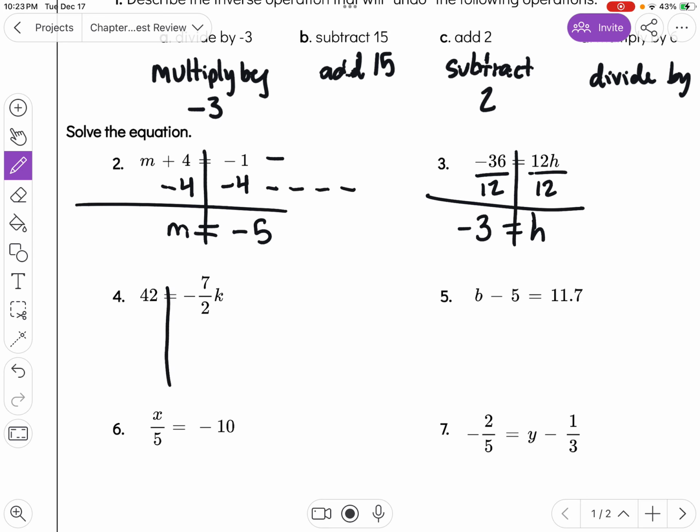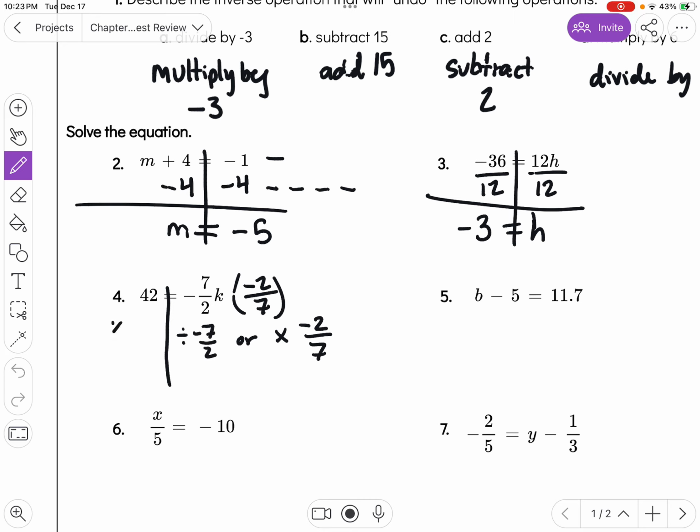For number 4, I see a fraction out front of k. And to undo this, we're going to divide by -7/2, which really is the same as multiplying by the reciprocal. The reciprocal here would be -2/7. So we'll take that, multiply that by -2/7.